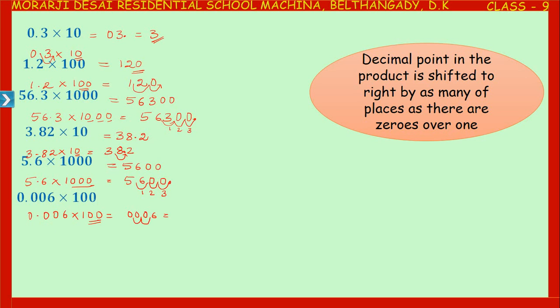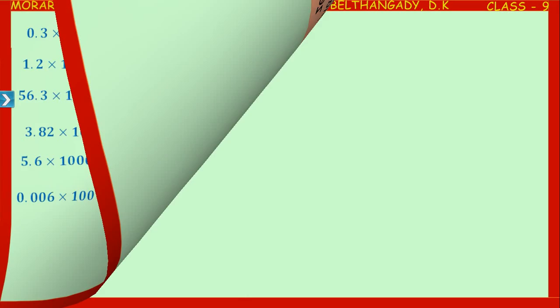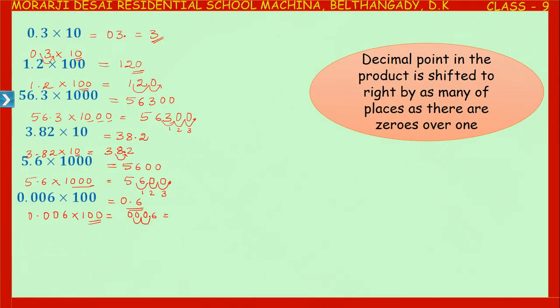So the point comes here. That is equal to 0.6. If there are zeros at the left end of the whole part, no need of writing. So 0.006 into 100 is equal to 0.6.